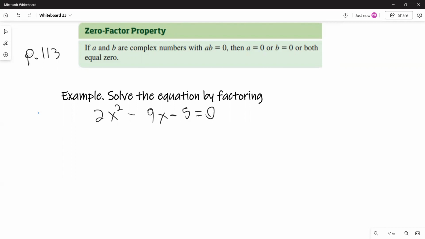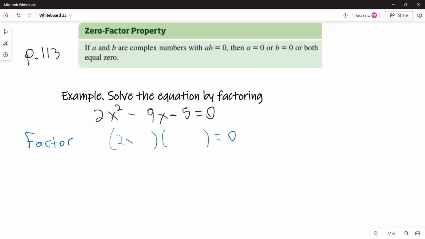Okay, so we can do this by factoring. So this expression can be factored, and that's what we're going to do. If not, we're going to use either completing the square or the quadratic formula. But we can factor the left-hand side.